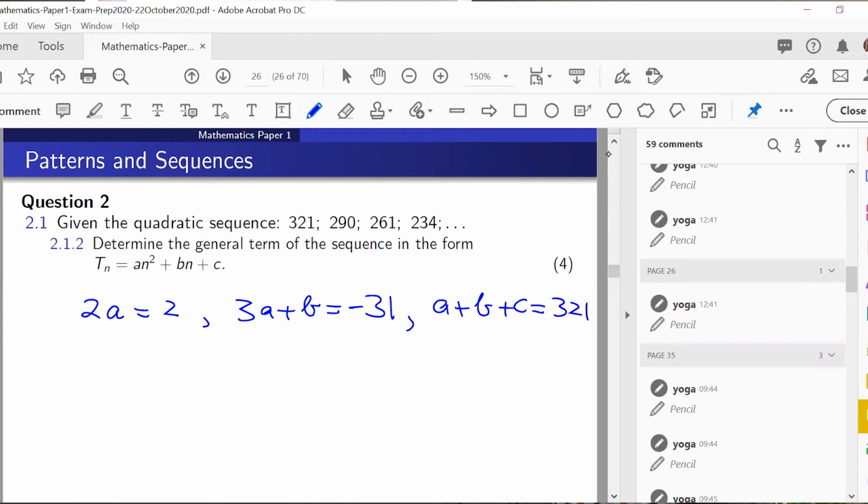Now to solve for a here, we get 1, and we substitute the value of a here, which means that our b must be minus 34, and then we substitute all these three values.